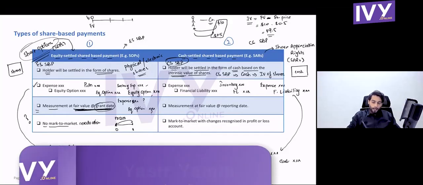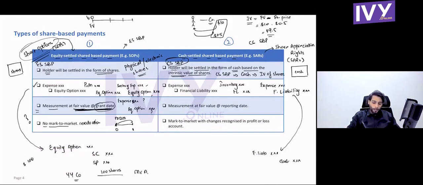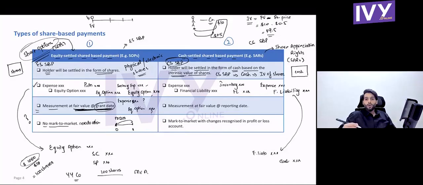And today, shares are worth, for example, $10. So I would have promised him 100 shares based on the fact that I wanted to pay him $1,000 for his services, right? And this is how I would have come to the conclusion that okay, 100 shares are okay for Mr. A.